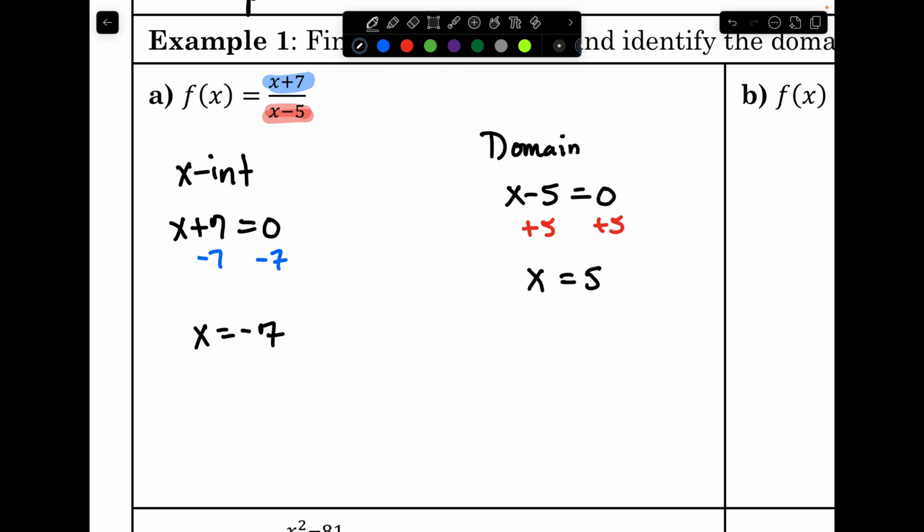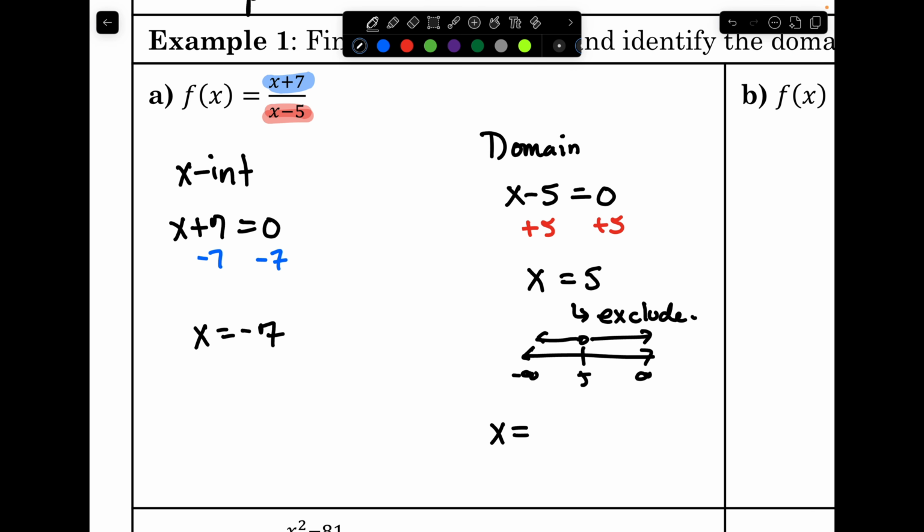That means that this number gets excluded from the domain. So we can pick any number to the left of 5, any number to the right of 5, with the exception of 5. We cannot have that number in the domain.